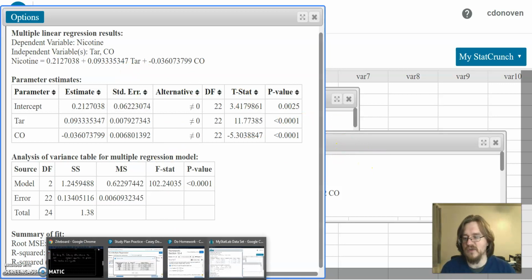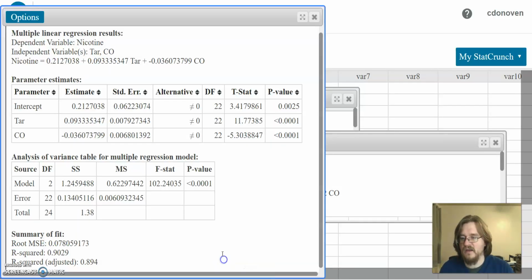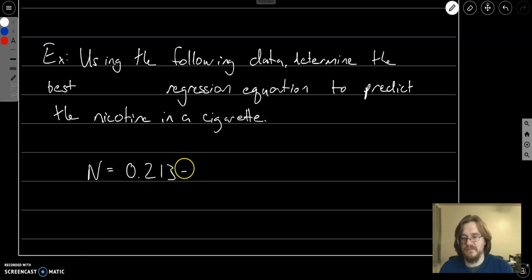So if we were to write our equation down, let's just round this to say three decimal points. This will be the nicotine. It's going to be equal to 0.213 plus 0.093 times the tar, times the amount of tar.